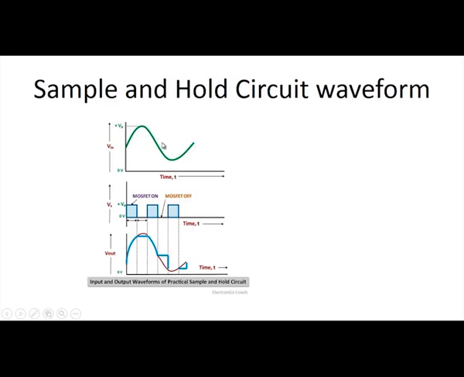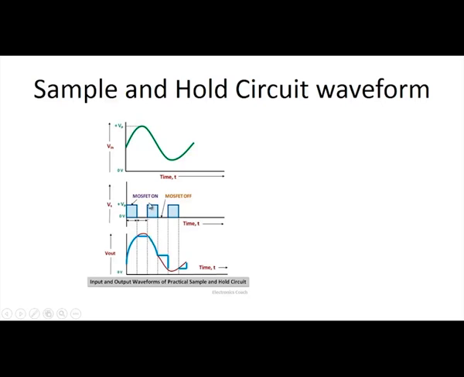Okay, consider this as the input signal to the MOSFET, and this is the control voltage to the gate of the MOSFET. It is a series of pulses, and whenever the pulse is positive, the capacitor charges to the instantaneous value of the input signal. So, as long as the pulse is positive, the capacitor is charged instantaneously to the input signal, and when the pulse is negative, it holds the maximum charged value across it.